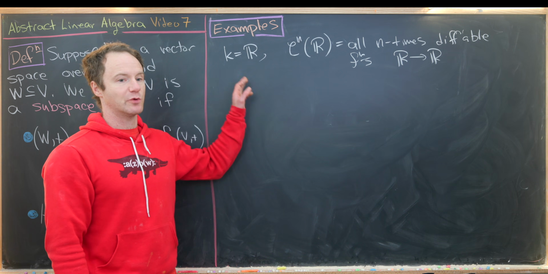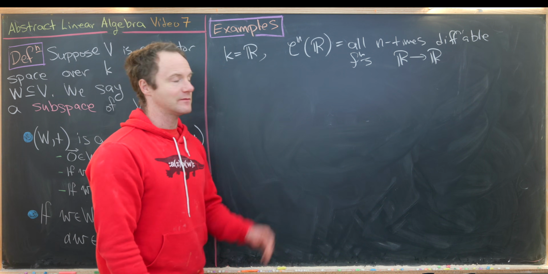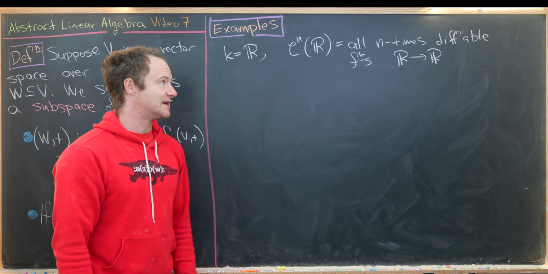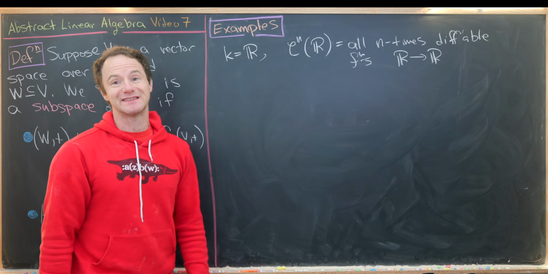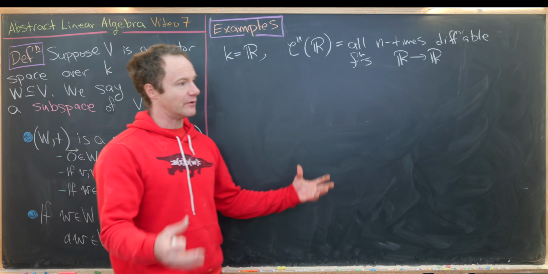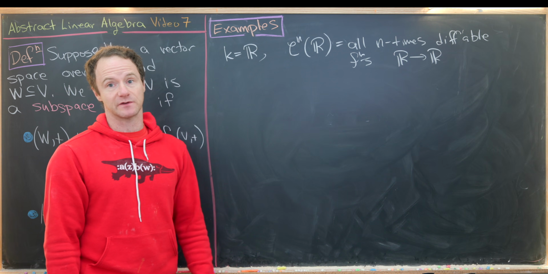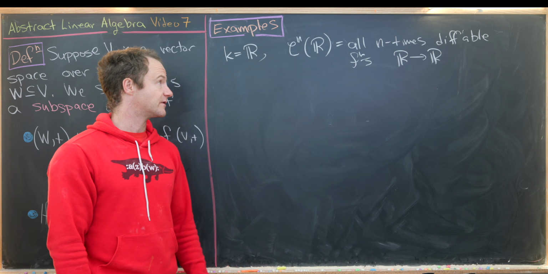So for our next example, we'll fix the field as the real numbers, and then we'll look at a family of vector spaces C^n(R), which are all n times differentiable functions from R to R. So these are all vector spaces on their own, because if you add two n times differentiable functions, you get another n times differentiable function. And that's because of the sum rule for taking the derivative.